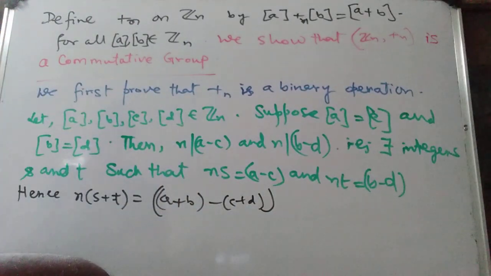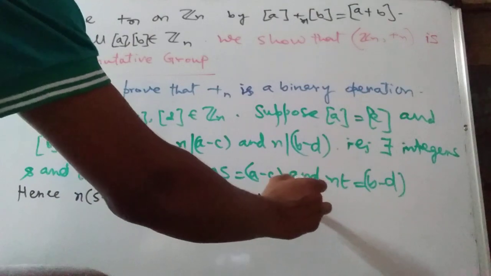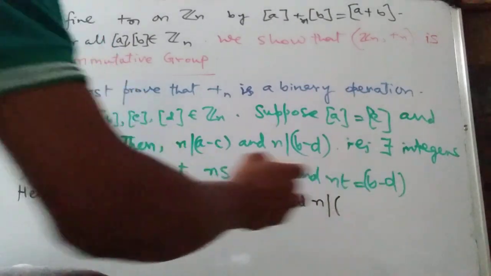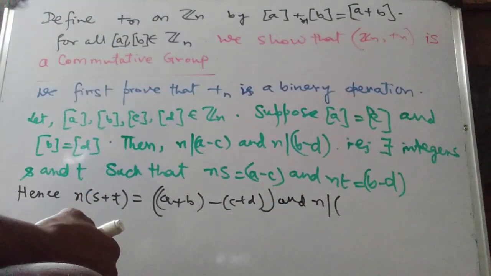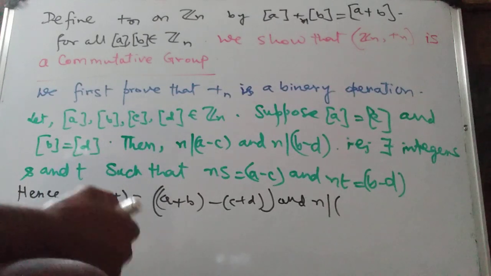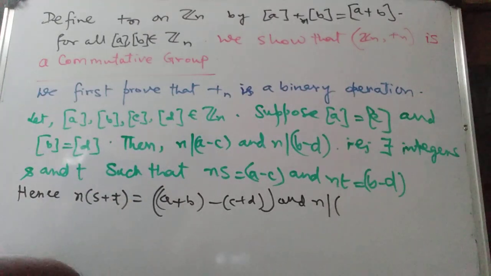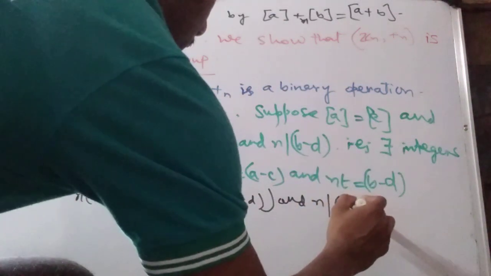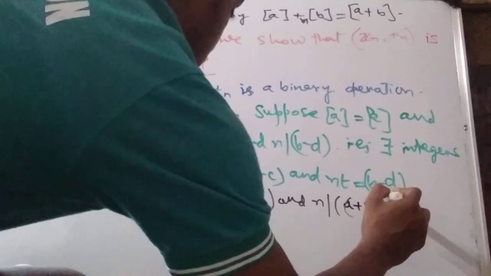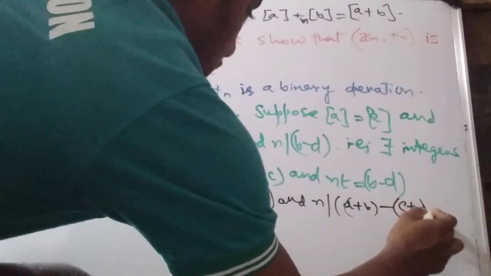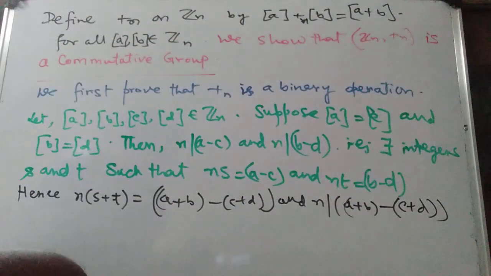Then n divides this, n divides A plus B minus C plus D. Understood?